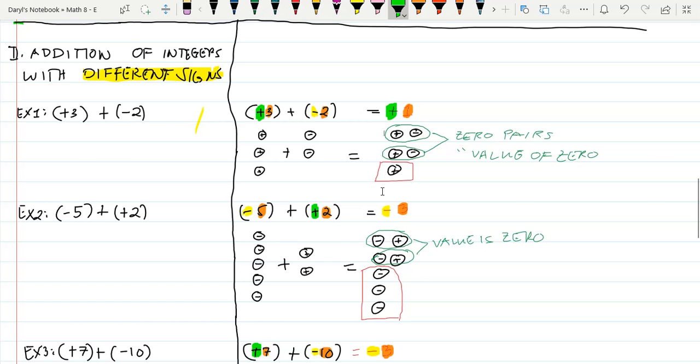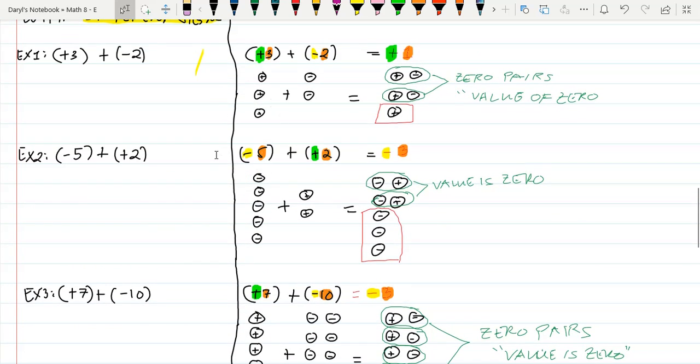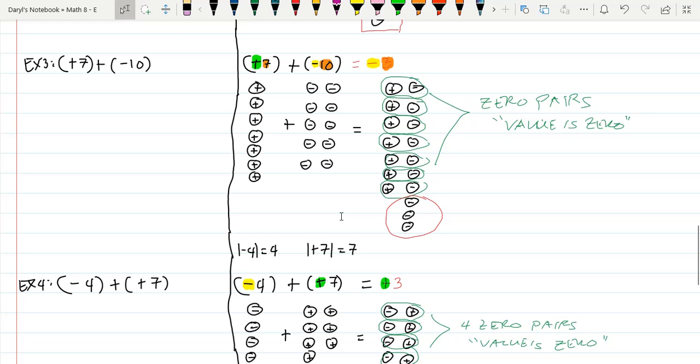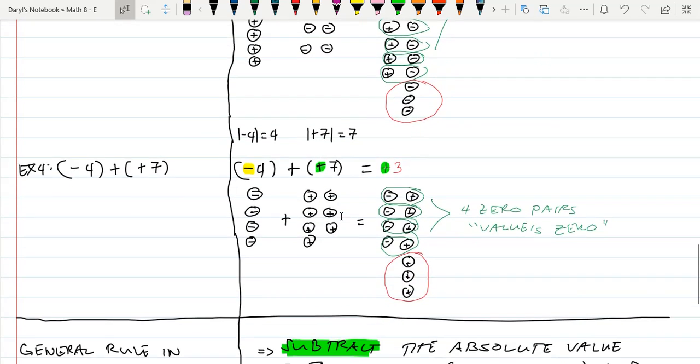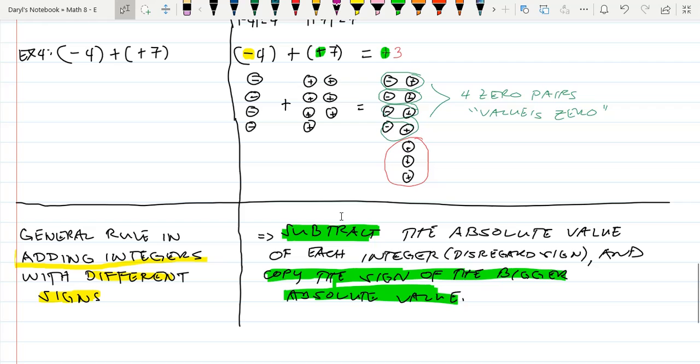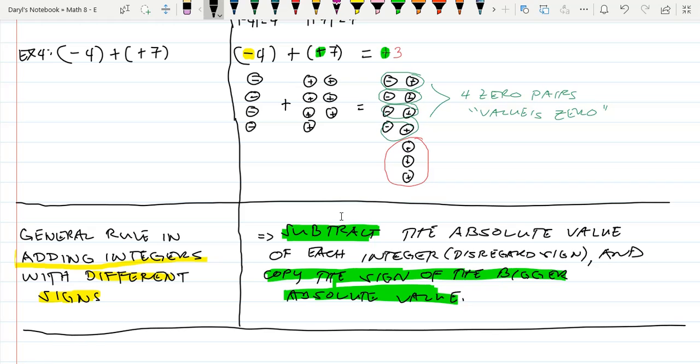So again, it's very helpful if you forget these rules. You can actually use the integer chips, and just try to remember that a positive chip paired with a negative chip is equal to 0. So generally, this is how you add integers. The other thing is just a combination of additions, where maybe you'll be given different signs and the same sign.